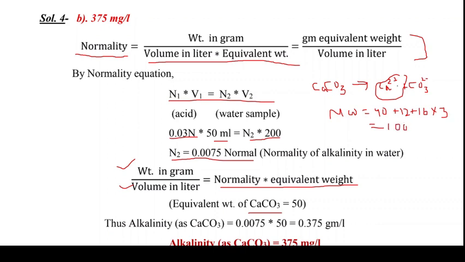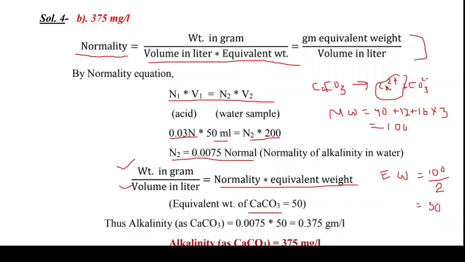And here we are saying valency is 2, right? So equivalent weight is 100 divided by 2, molecular weight divided by valency. So we got 50.